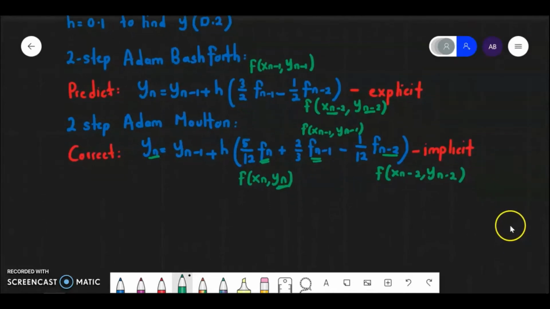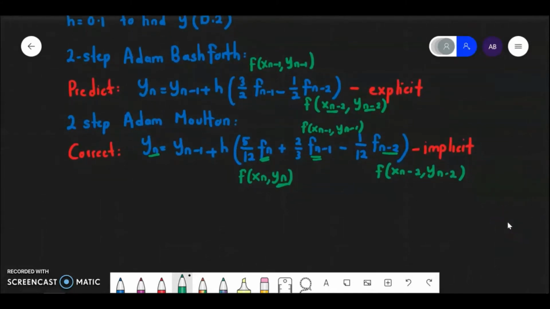Now how are you going to find values for xn minus 2 and yn minus 2? If I draw a diagram, my initial condition is given from the question. The step size is given as h equals 0.1. So how many steps do I need?